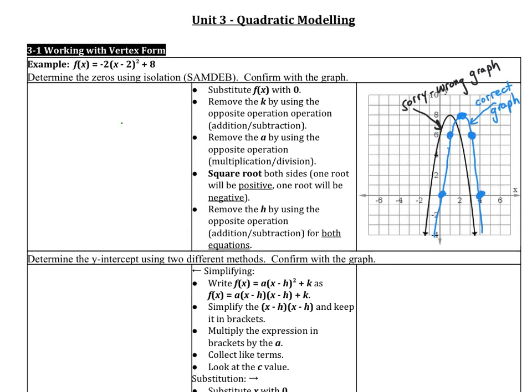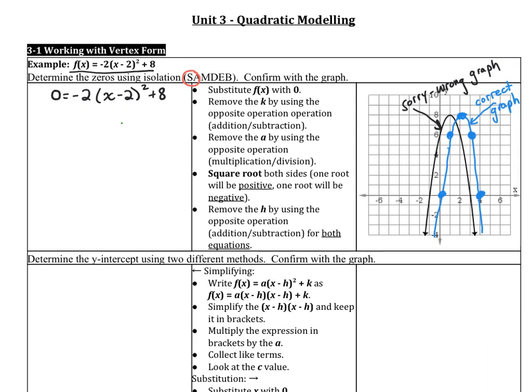So we start with this equation here, and since we're trying to find the zeros, the first thing you want to do is to substitute 0 in for f of x. To use isolation, you're following the opposite of BEDMAS. The first thing you're going to do is remove whatever number is added or subtracted.